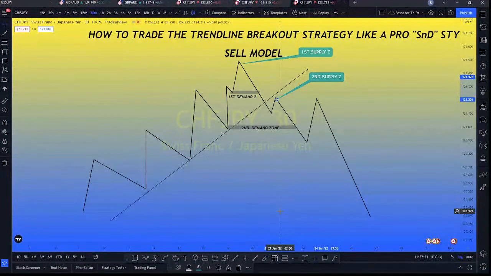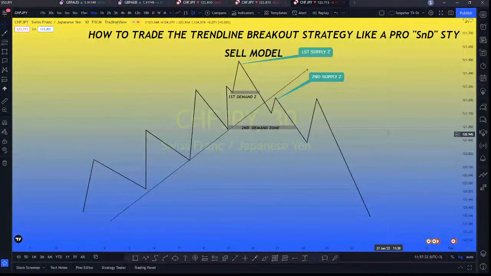After identifying that, the strategy is you have to identify the demand zones prior to the break of structure, or the change of character. Let's write something here.